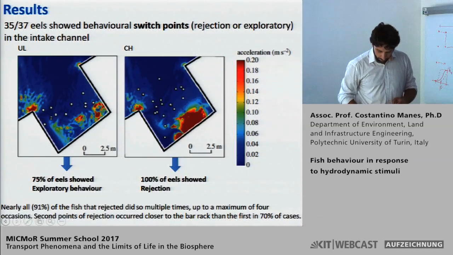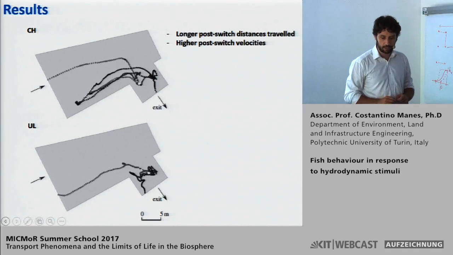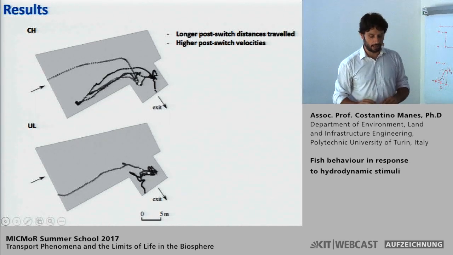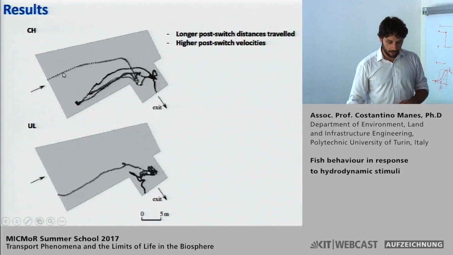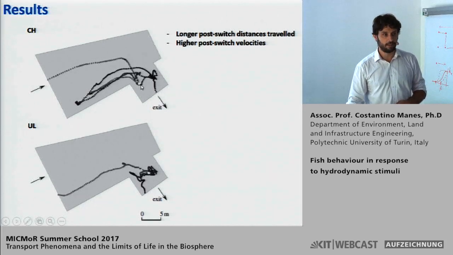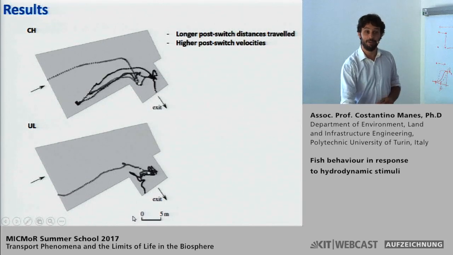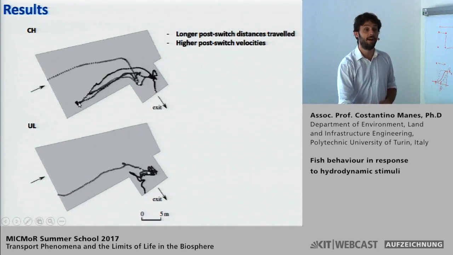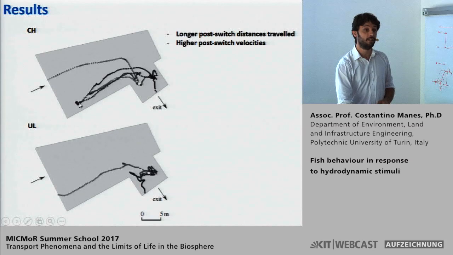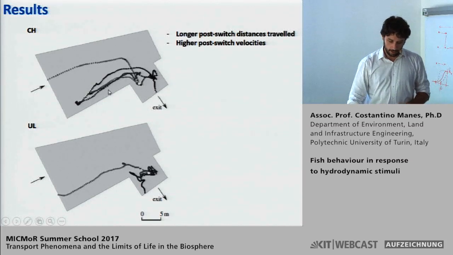that was what happened. Just to give you an idea of what exploratory behavior and rejection look like, in the constricted case, the eel moved here, then decided to turn, and then felt something and got scared. So it went upstream, really far away. Look at that; it went almost back to where it was released, and then eventually tried again, and then escaped.